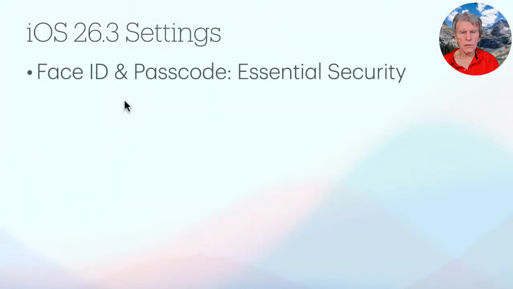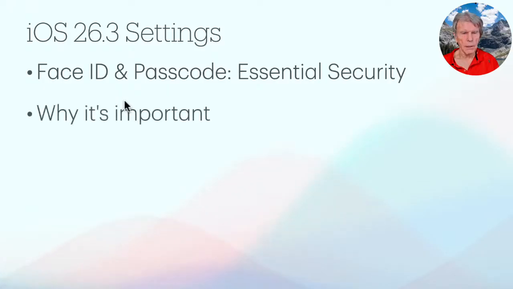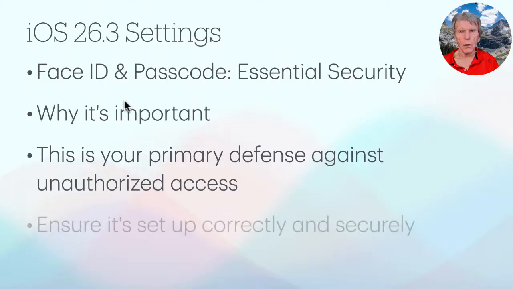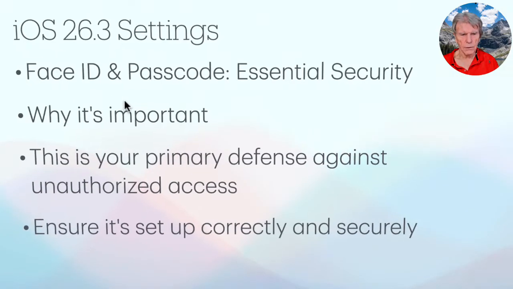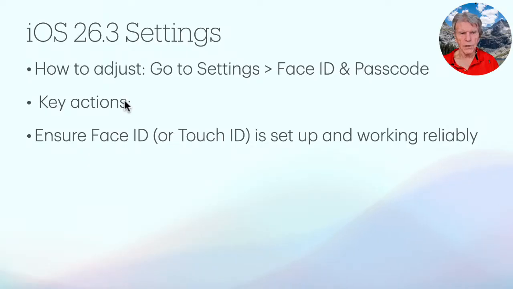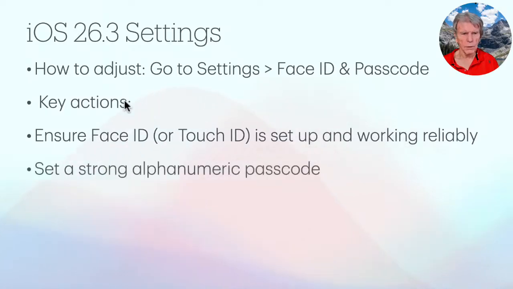Face ID and Passcode is an essential security setting. It's important because it's your primary defense against unauthorized access. So let's ensure that it's set up correctly and securely. The way you adjust that is you go to Settings, Face ID and Passcode, and then you would ensure that your Face ID, or your Touch ID in the case of an iPad or an older iPhone, are set up and working reliably.